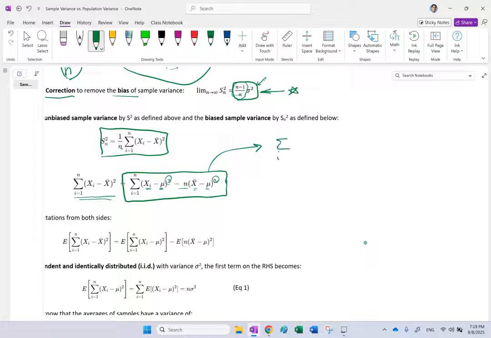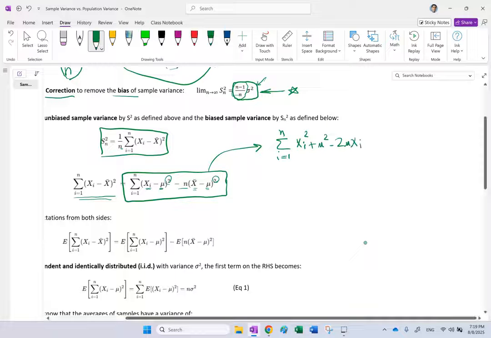This is going to be the summation, i goes from 1 to n, of what? It's going to be xi squared plus mu squared minus 2 mu times xi. The second term is not inside the summation, so it's just going to be negative n times x bar squared.